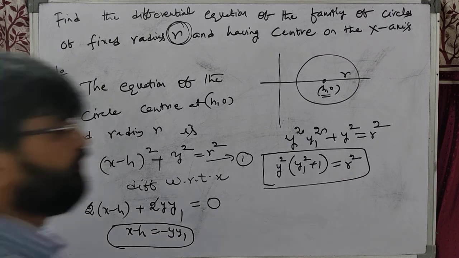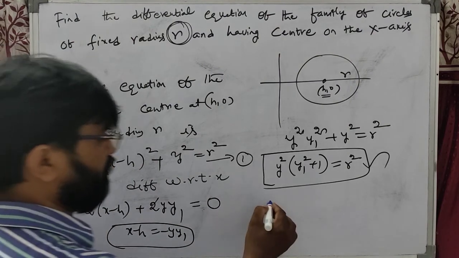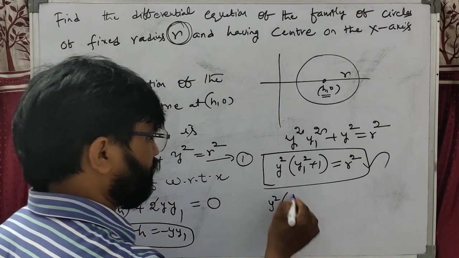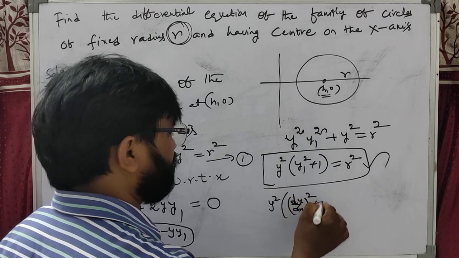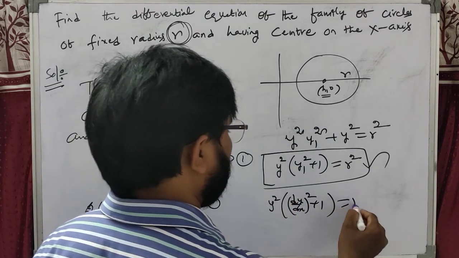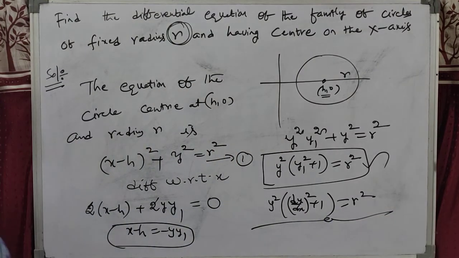This is our required differential equation, that is y square into (dy by dx whole square plus 1) equal to r square. Okay students, so this is the differential equation.